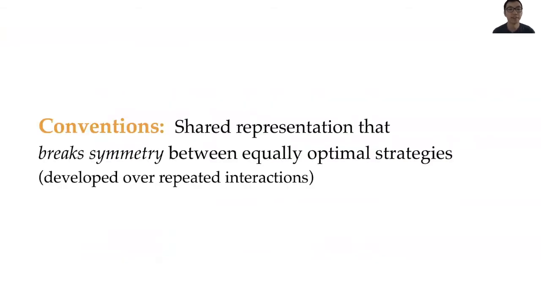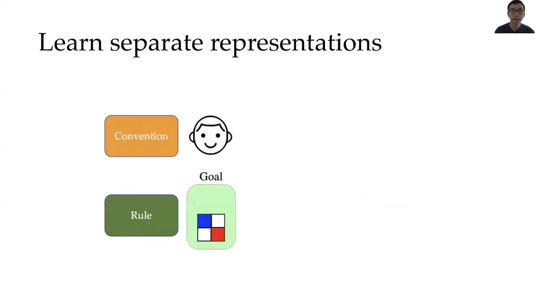A common definition of conventions is a shared representation that breaks symmetry between equally optimal strategies that can be developed over repeated interactions. So in this project, we want to learn separate representations for conventions and rules to better adapt to new situations, whether it be new tasks or new partners.